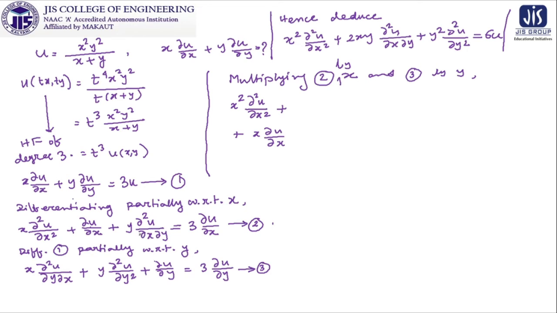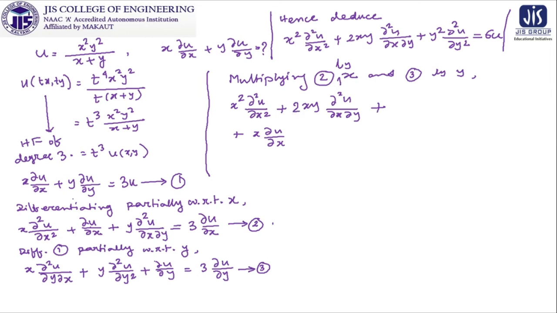Then I am multiplying it by x, so it will be xy ∂²u/∂x∂y, plus, multiplying this one with respect to y, it will be xy ∂²u/∂y∂x, means ∂x ∂y, so it will be 2xy.